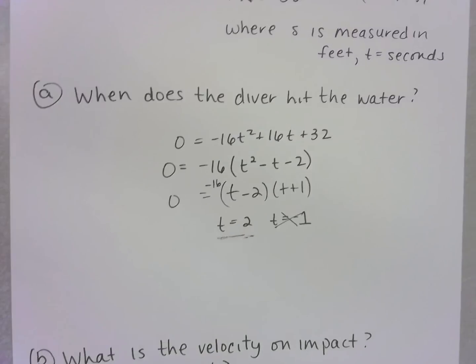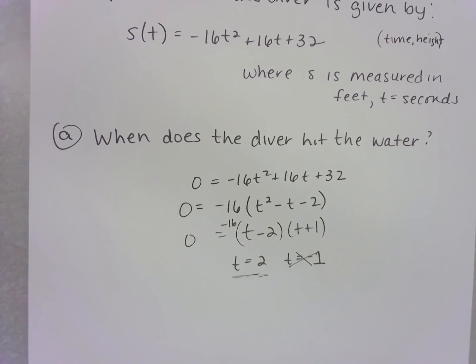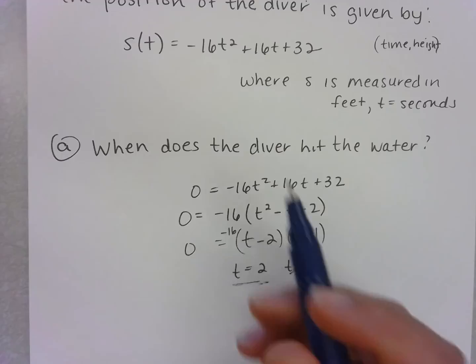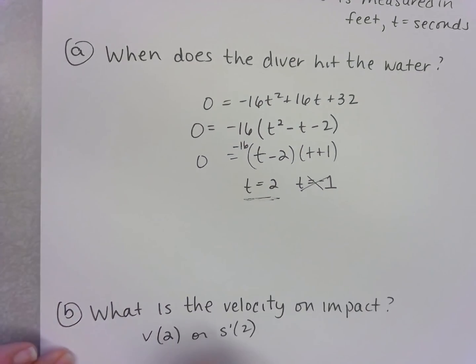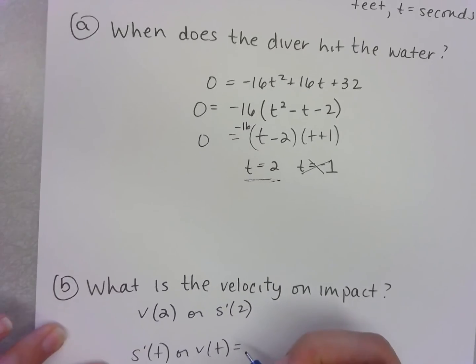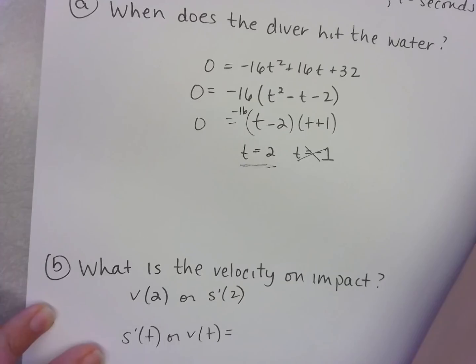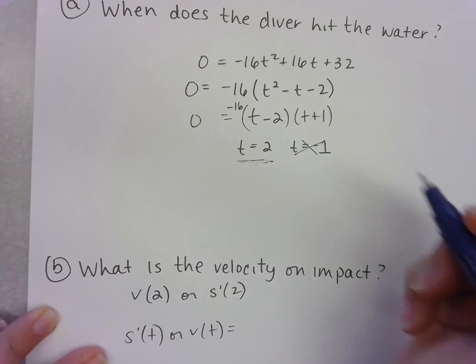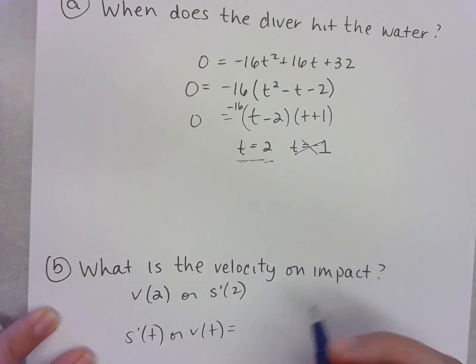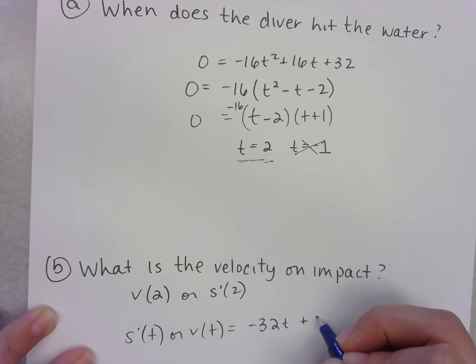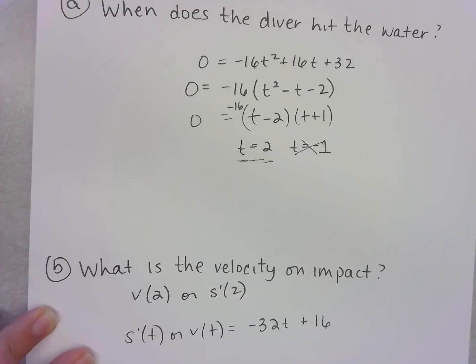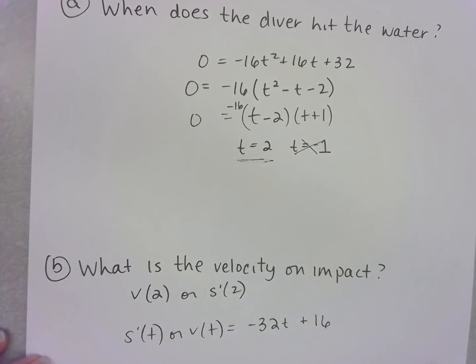All right, so we'll come back up here and use s. So s prime of t, or v of t, is equal to negative 32t plus 16. So this is my velocity function.